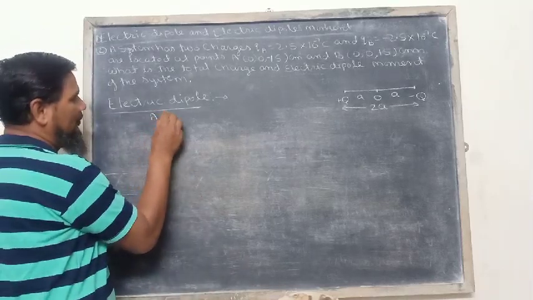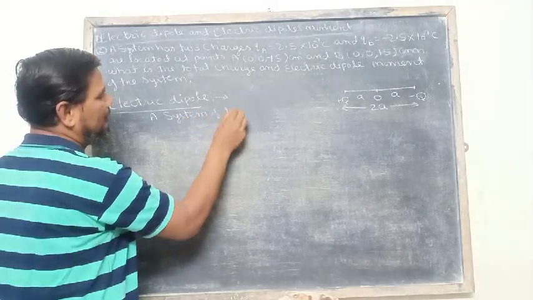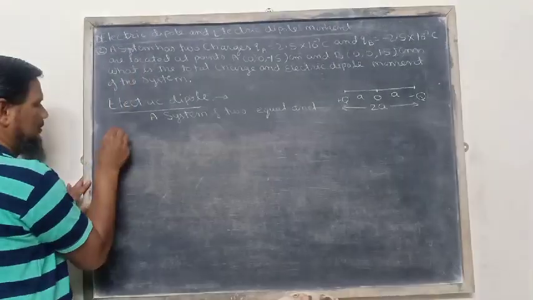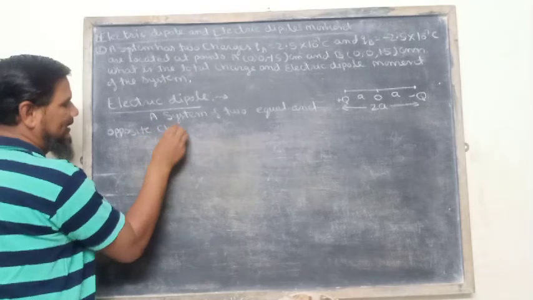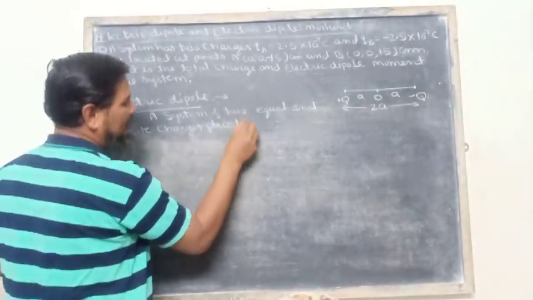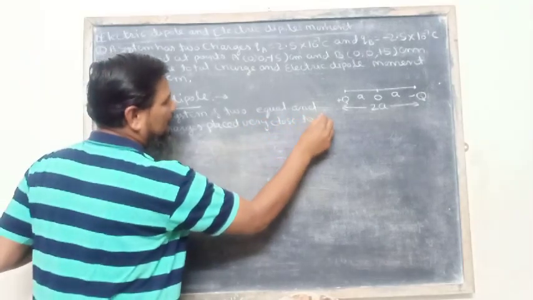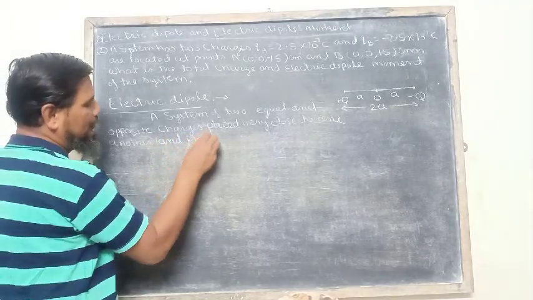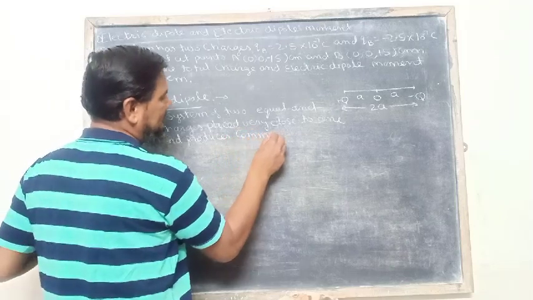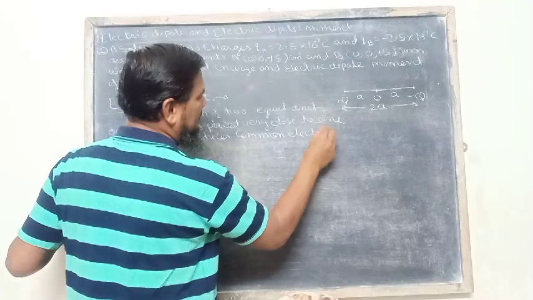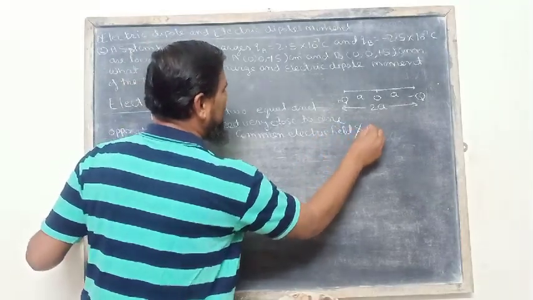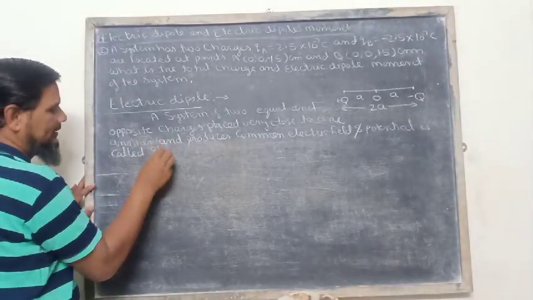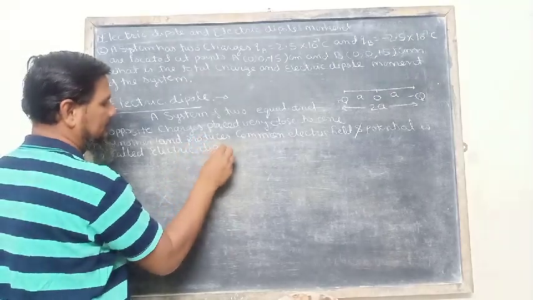Electric dipole: a system of two equal and opposite charges placed very close to one another and producing a common electric field and potential is called an electric dipole.